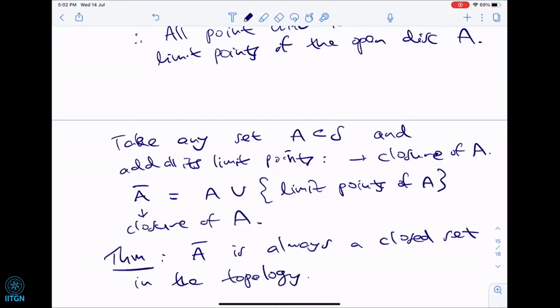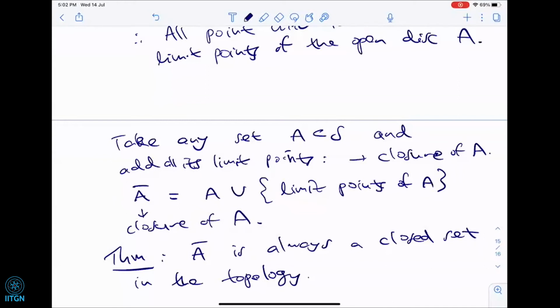How do we take a set that's in some sense not closed, that's either open or somewhat open, not really an open set even? What can we do with any set to make it closed? By the way, A bar is defined regardless whether the original A was an open set or a closed set or neither. I can take any set and add its limit points.